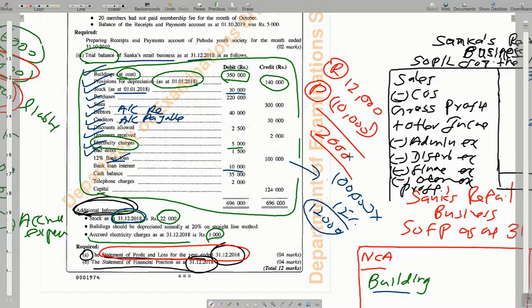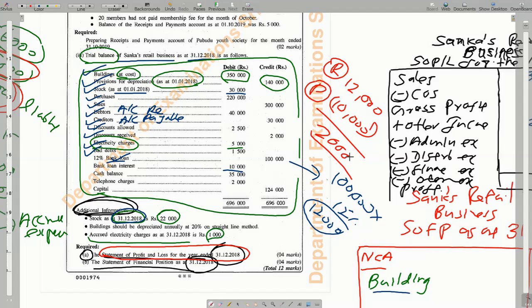Previously I have said that if there is any kind of remaining liability, we are required to identify it under our current liabilities. That means within the next year you are required to settle this interest expense. Within 1 year you are required to settle it.